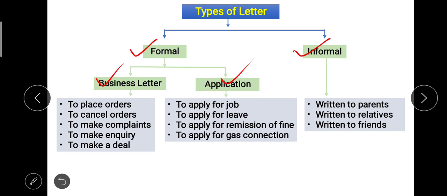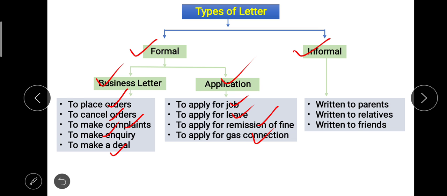We write business letters to place orders, to cancel orders, to make complaints, to make inquiries, or to make some business deal. And we write applications to apply for some job, to apply for leave, to apply for the remission of fine, to apply for gas connection, and likewise.